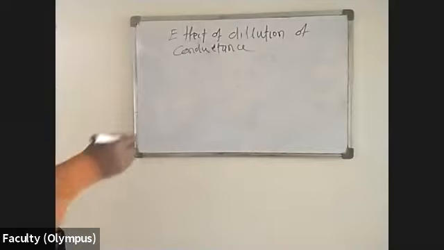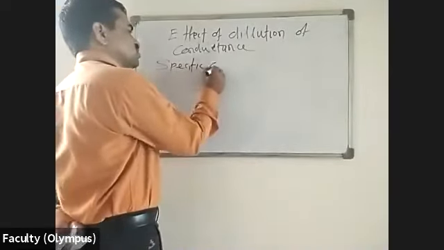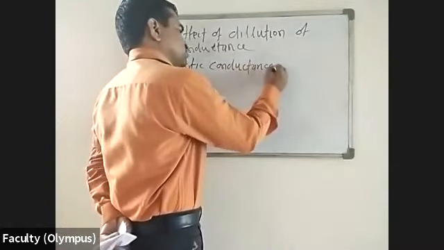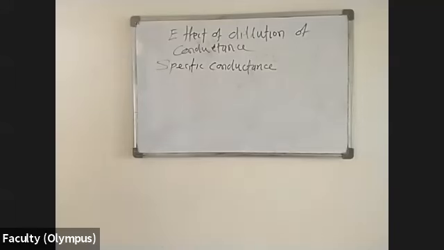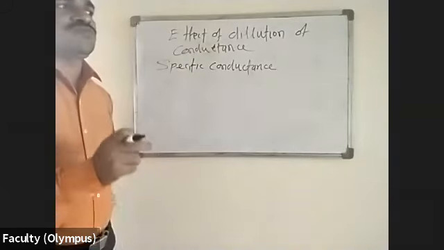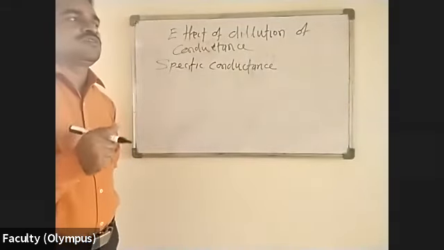Okay. Now, what should be the effect on specific conductance? What is the specific? If dilution increases, specific conductance will decrease. Why? It is correct. Specific conductance decreases with dilution. But why? What is the reason?